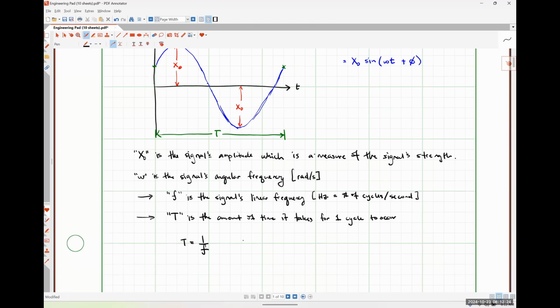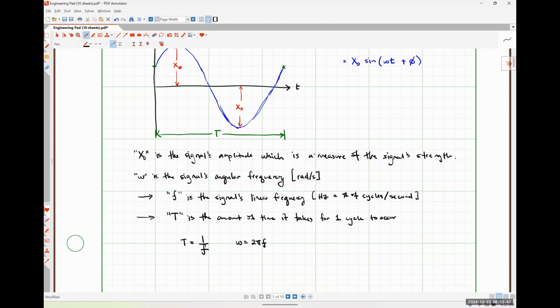The relationship between f and omega, or linear frequency and angular frequency, is simply omega is equal to 2 pi times f, because our signal experiences a total phase shift of 360 degrees or 2 pi radians for every cycle.